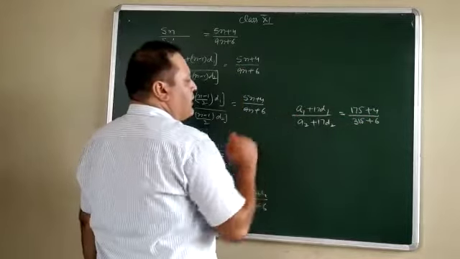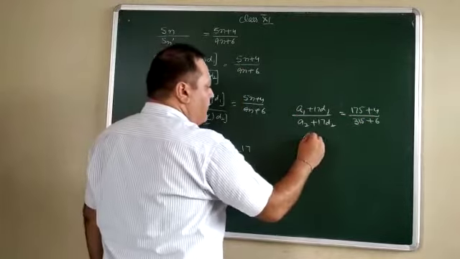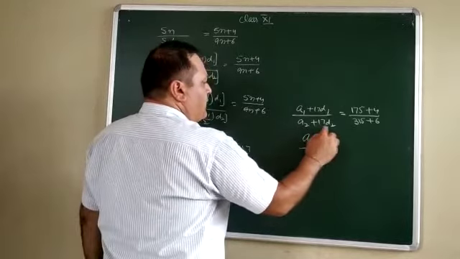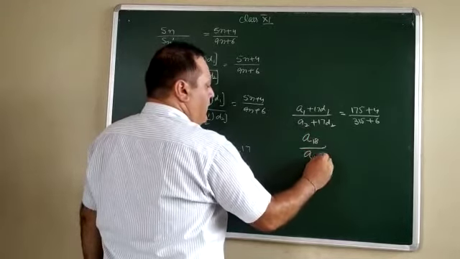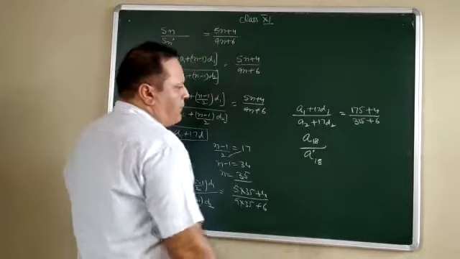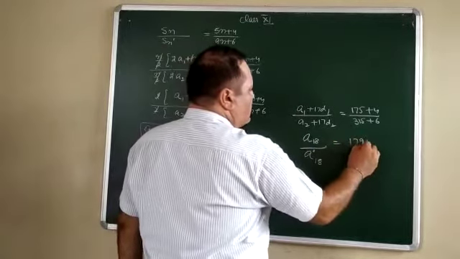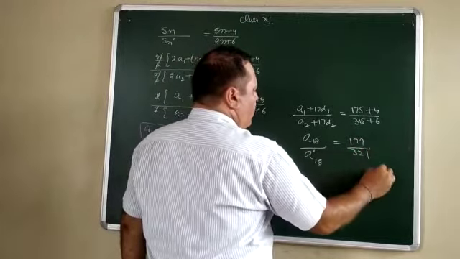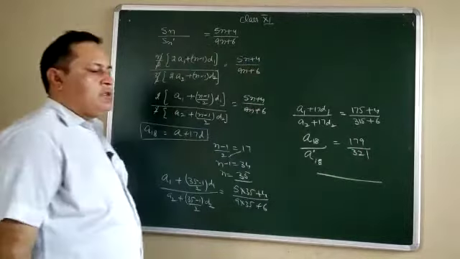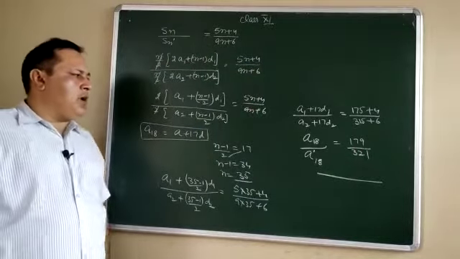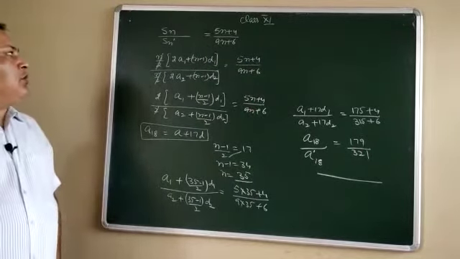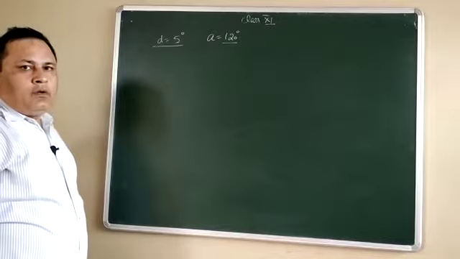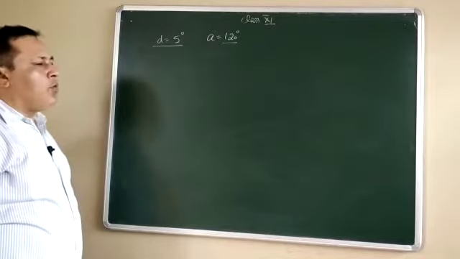A plus 17d tells about the 18th term, a18, and a dash for the other, which is equal to 179 upon 321. So this is the ratio of the 18th terms when the ratio of sums is given to you.